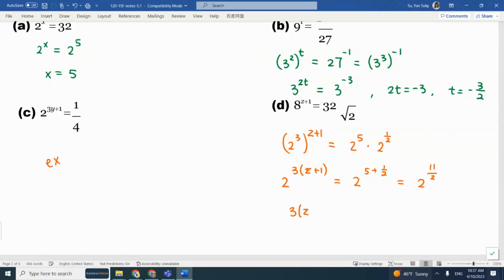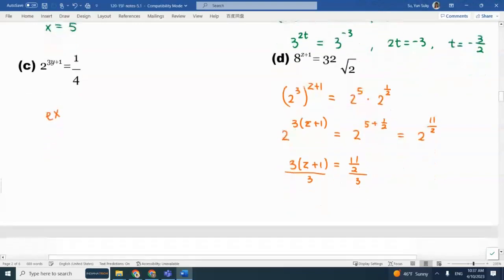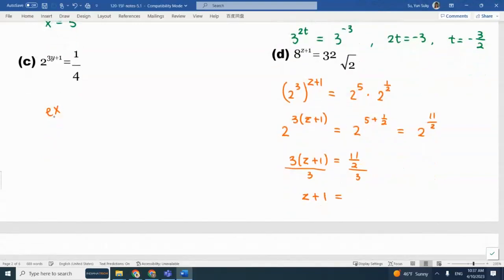Now we set the exponents equal to each other. How do you solve for z? Distribute, or you can divide by 3 on both sides, right? If you divide by 3, then you don't need to distribute. Okay, divided by 3. Then we have z plus 1 is, what's that?